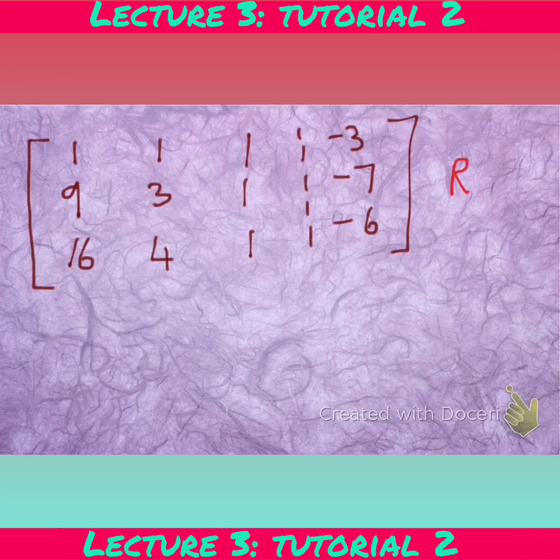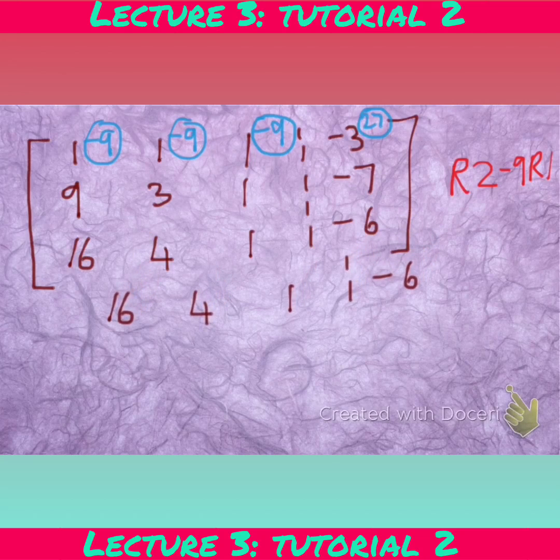Now for my leading one in my first row, I'm going to create zeros under it. The first zero I'm going to create by changing the second row by adding minus 9 times the first row to it. Multiplying the first row by minus 9, I get minus 9, minus 9, minus 9, and the last entry, minus 3 times minus 9, which is 27. Then I'm going to create a new matrix where the last row stays the same, 16, 4, 1, minus 6.